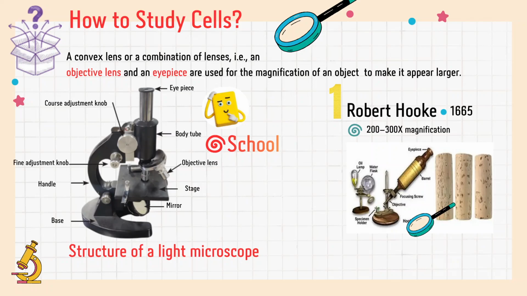Today, in school laboratories, we use light microscopes with different objective lenses such as 10 times and 40 times magnification to observe tiny structures under visible light. Through the microscope, ordinary objects suddenly reveal extraordinary details. Some schools have electron microscopes too.